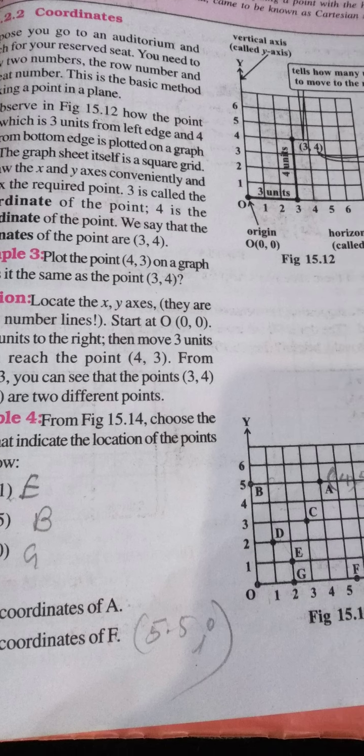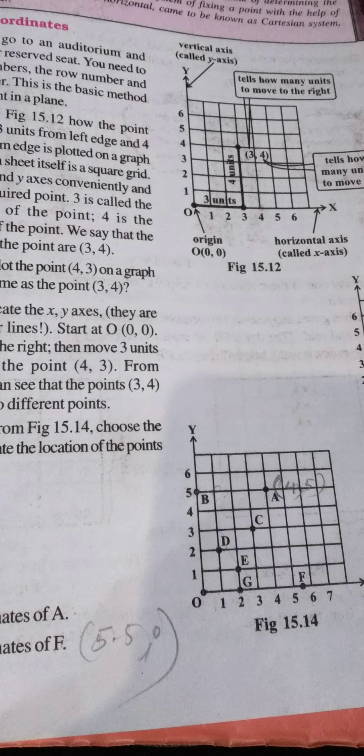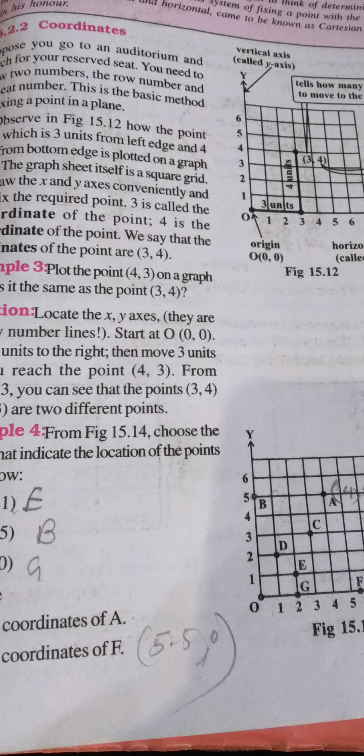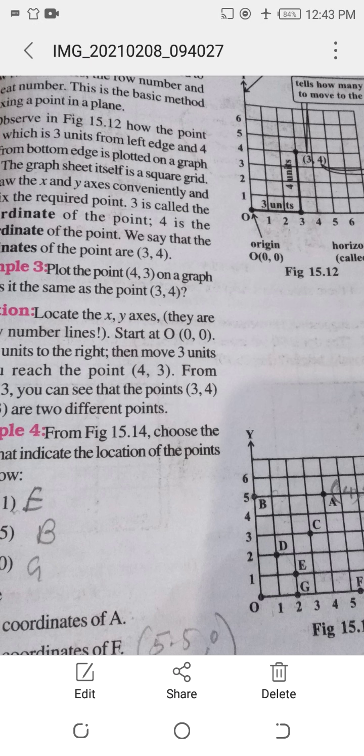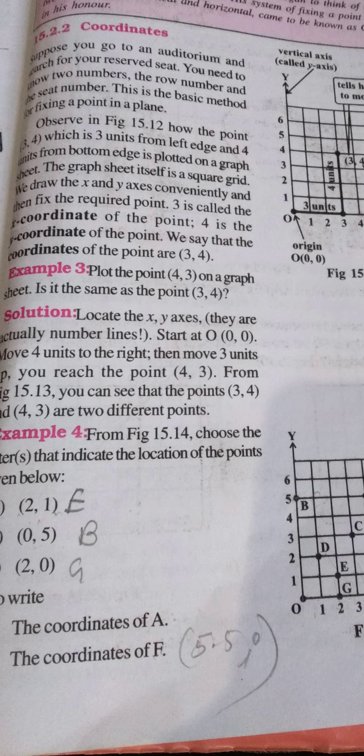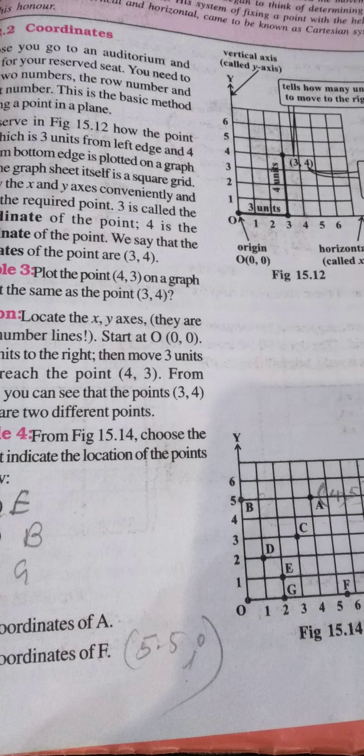So 2 is for x. On the x-axis you see 2, and then 1 on the y-axis. You can see that it is point E. Point E indicates the position of the value 2, 1.